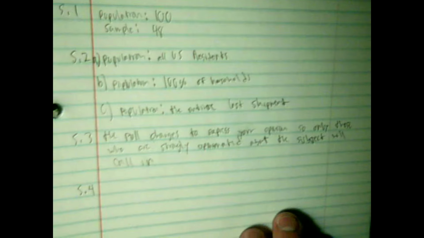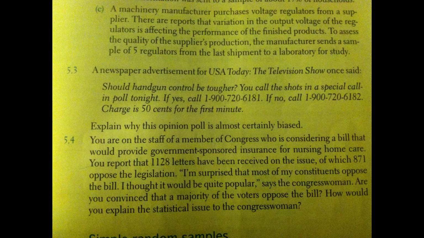5.4. That should be here. Yes, 5.4. You are on the staff of a member of Congress who is considering a bill that would provide government-sponsored insurance for nursing home care.